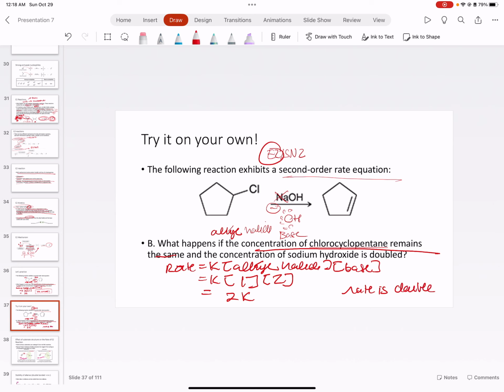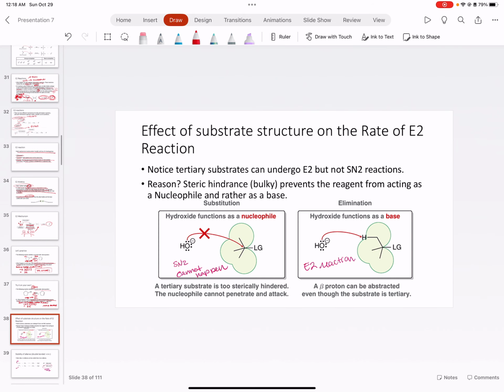See, so just finding out the rate is not that hard. It's pretty simple. You just have to memorize those equations. If you do a little bit of practice, I think it's not going to be really hard to remember that.